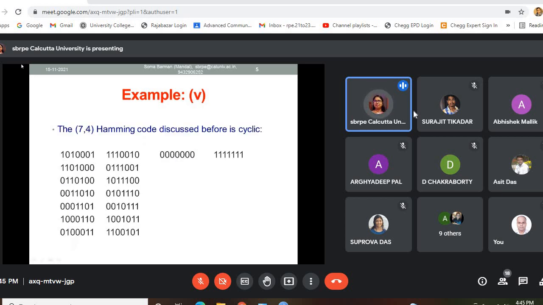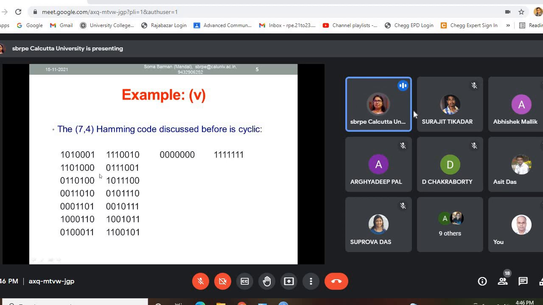Now suppose a Hamming code. If I consider a 7/4 Hamming code, 4 is your message, 7 is the length of the code. So that means 3 parity bits are added. So first code is 0001, then 10. This is the information, so all these are your information, and suppose these are the parity bits added.